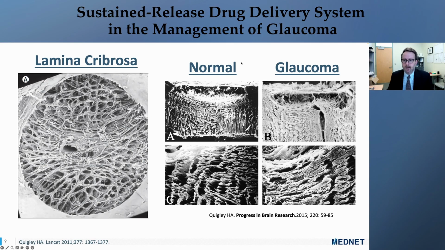You see this cupping again, and you see the posterior bowing of the lamina. This corresponds with death of axons and vision loss. So these kinds of histologic changes are correlated with optic nerve cupping, which is virtually pathognomonic of glaucoma when you see it with visual field changes.